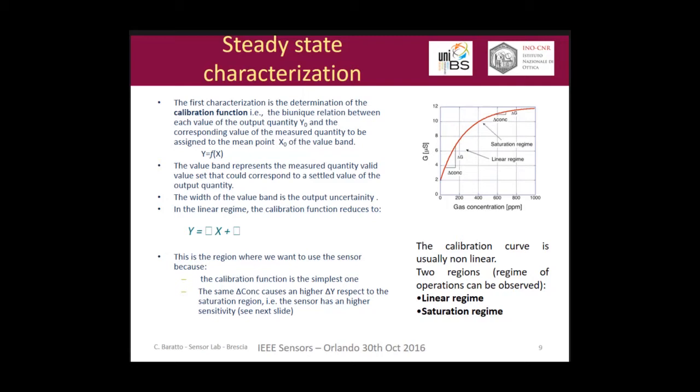Often it happens that when you go up with the concentration, you can find a saturation regime, and the calibration curve usually is not linear, but one has to determine this calibration curve experimentally in order to characterize your sensor.